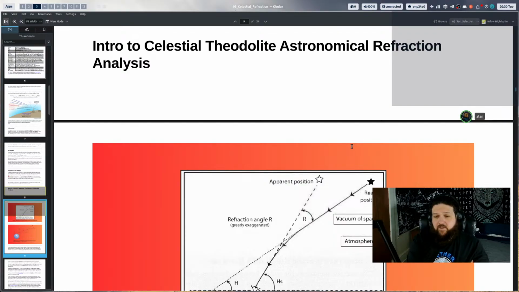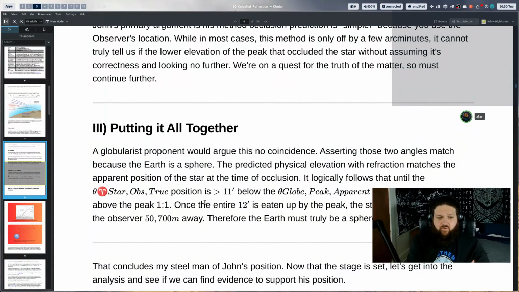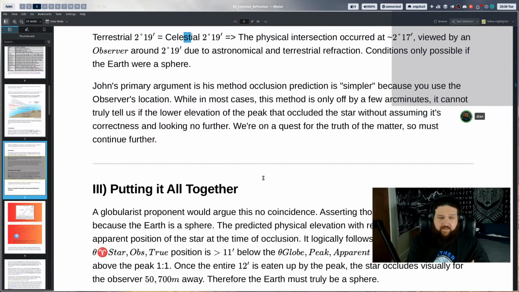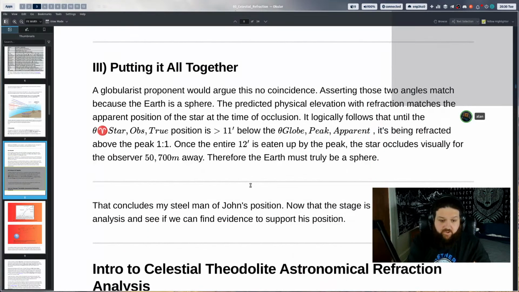But when we get into the mechanisms of terrestrial and astronomical refraction, which we're about to do, we're going to see that adding the 2 arc minutes of refraction to lift it up to overcome the physical elevation of the peak to match the terrestrial refracted image is not a tenable position at all.